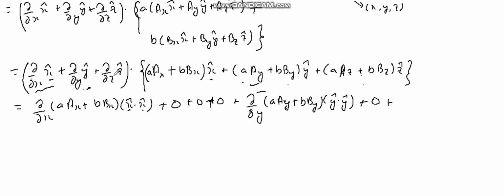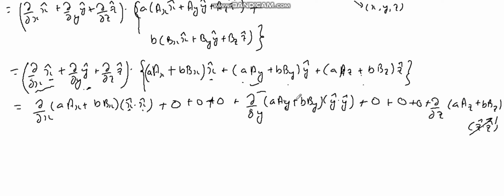Now this term with this term, z dot x is 0 and z dot y is 0, so those will be 0 and 0, plus the final term, this dot this is not 0: del by del z of a times Az plus b times Bz, and then we have z dot z.